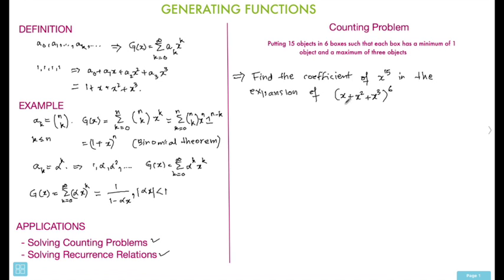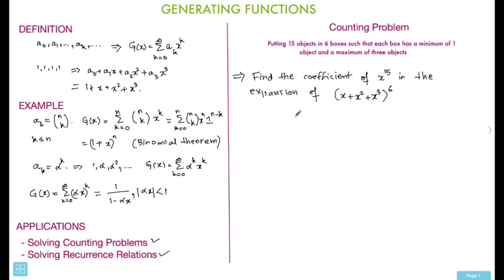Now why do I say x plus x squared plus x cubed? Because the minimum power of x I want is 1, because a minimum of 1 object is there, and the maximum power I want is 3, because of the maximum of 3 objects, and 2 objects are also allowed. So whatever is allowed, I will write like this. And how many boxes do we have? 6 boxes, so the exponent is 6. Whatever the coefficient of x to the 15 is in this expansion is my answer.